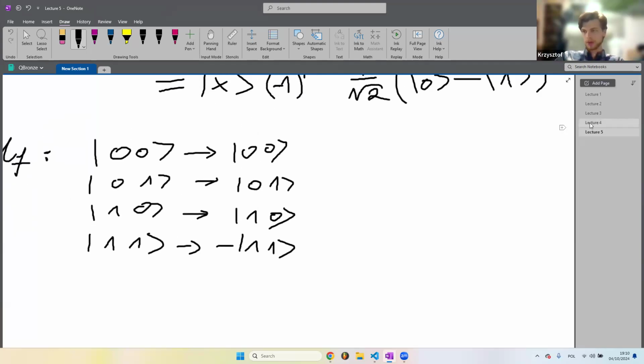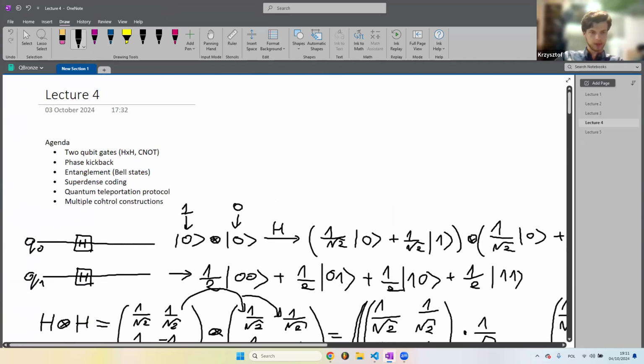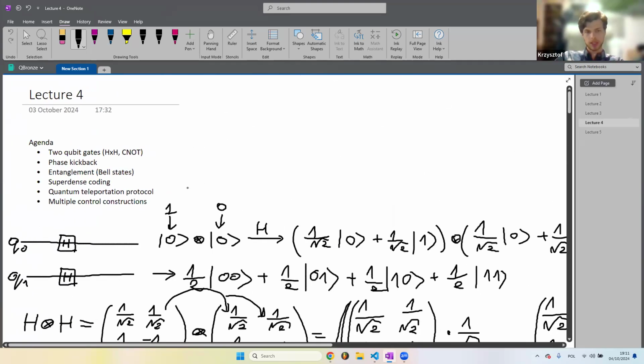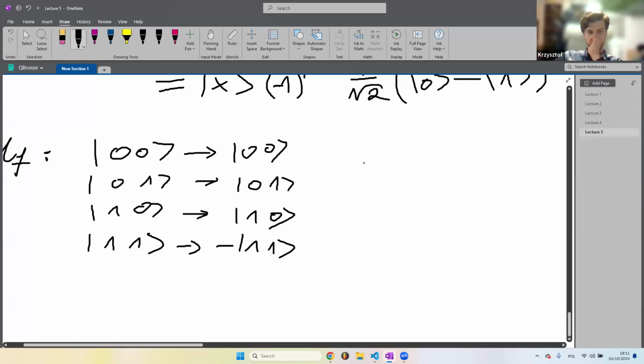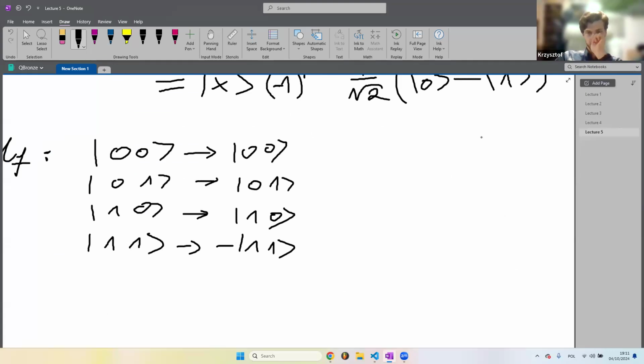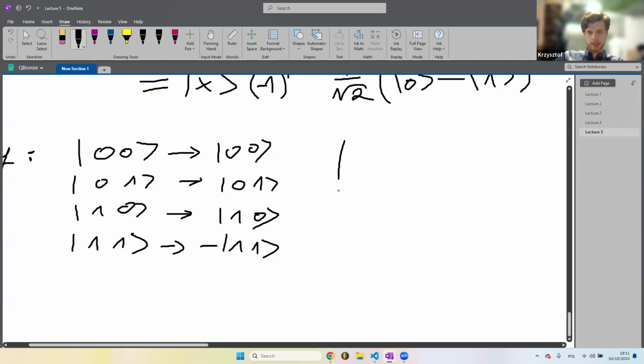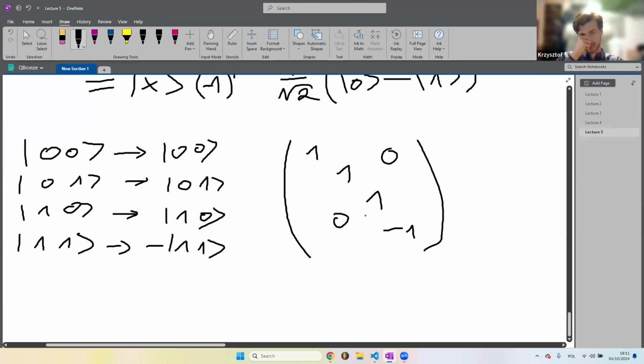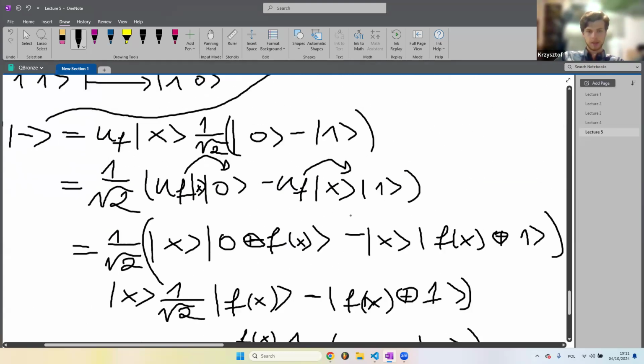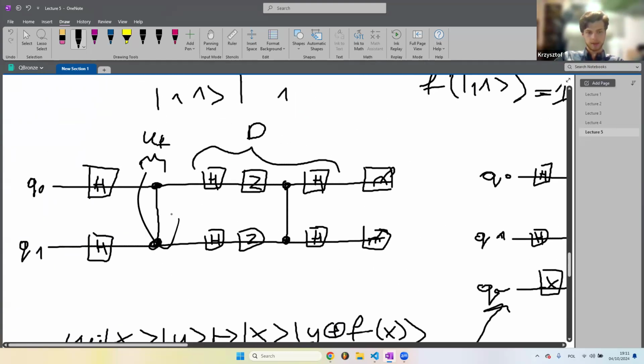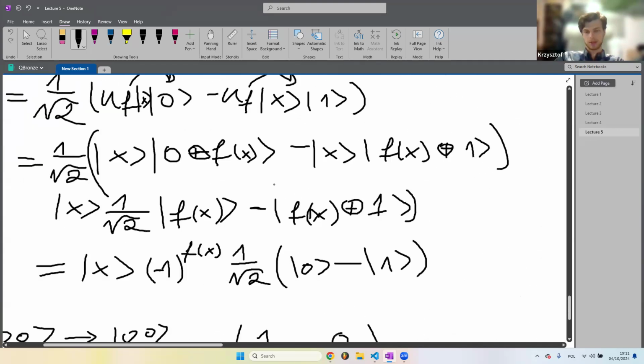So you may recall from yesterday's lecture, in case of the multiple control constructions, and in the notebooks you were asked to construct different kinds of gates, and now we will have the implementation of such a gate. And as I said before, this can be implemented using the control Z gate.